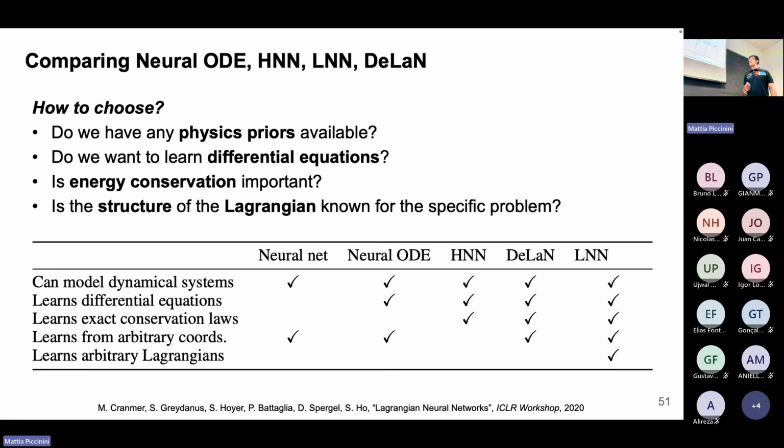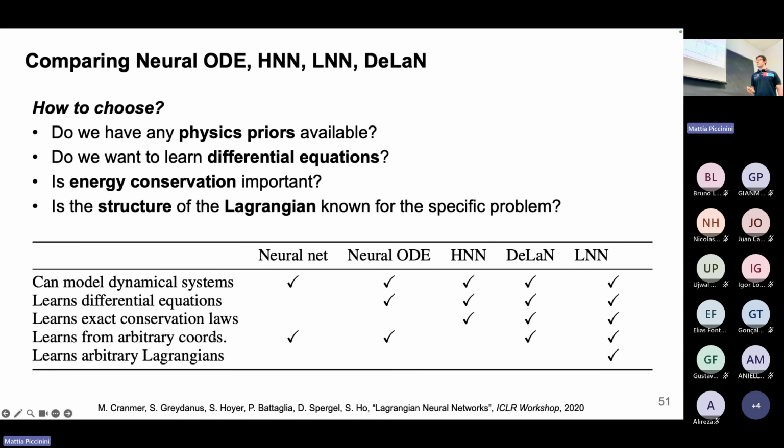And finally, is the structure of the Lagrangian known in advance or not? If it is, and it is maybe a rigid body type, then deep Lagrangian can be the best way, because we know the structure of the Lagrangian. If it's not, so if it's a more general system, and we still want to learn the Lagrangian, then LNNs, so Lagrangian neural networks, are the best option.